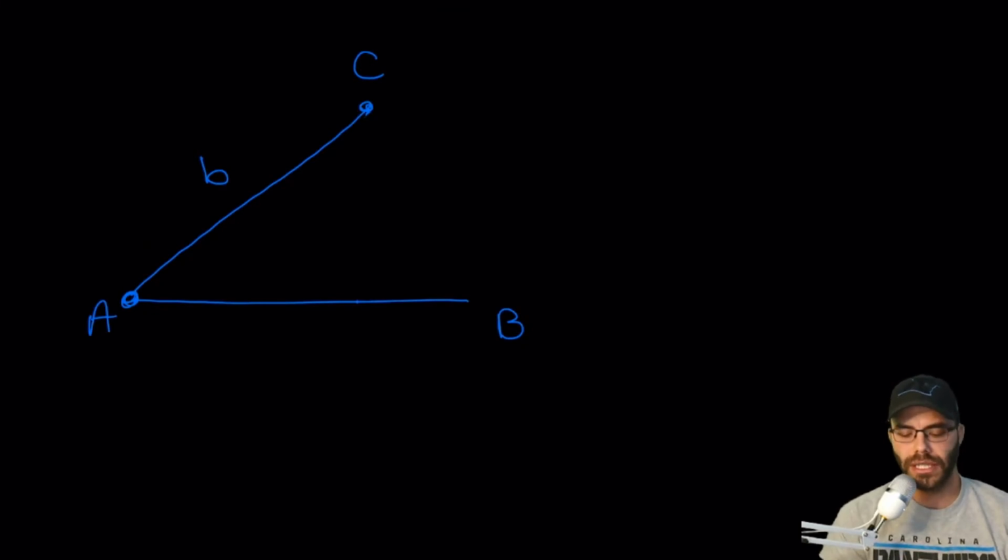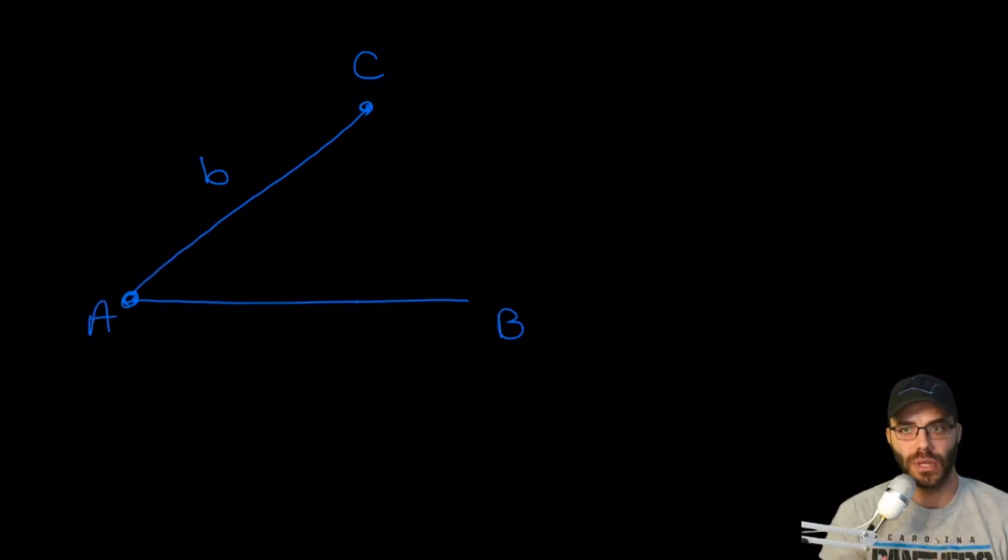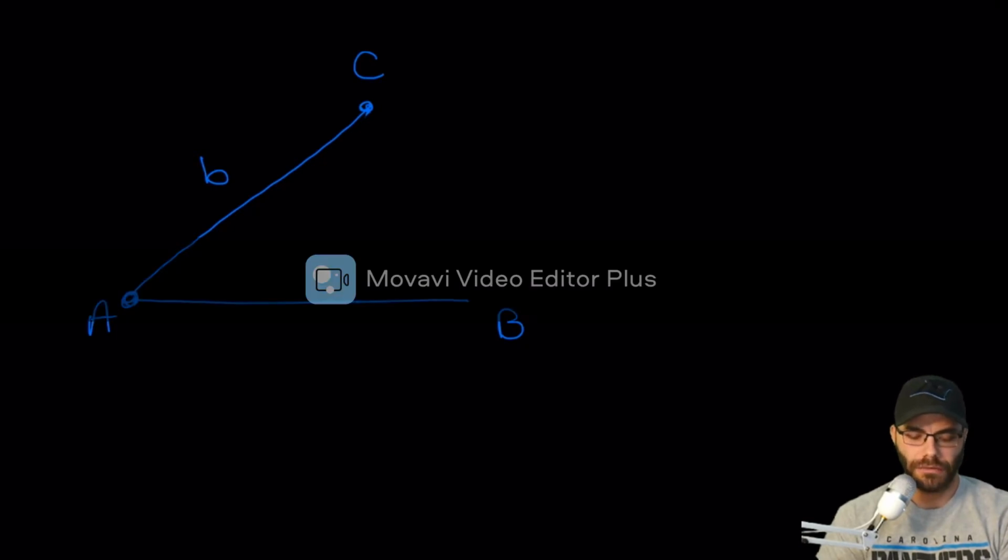Okay, so now let's think about this. If we have a potential triangle where we are given side length A, angle A, and side length B. So in other words, let's say angle A is 43 degrees.